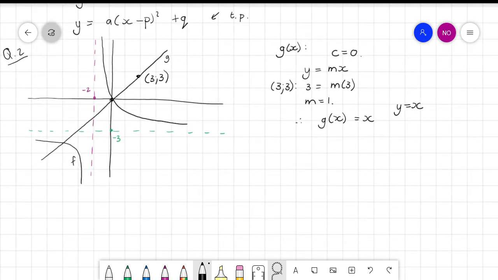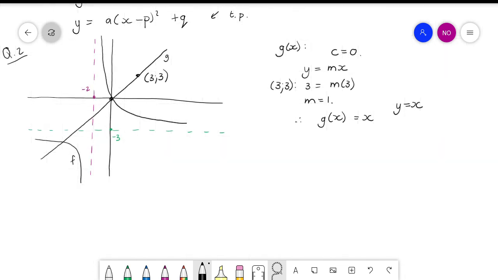Okay, kom ons praat gou vinnig oor die vergelyking van 'n hiperbool. So when we're looking at a hyperbole, you have that. Do you guys remember that?